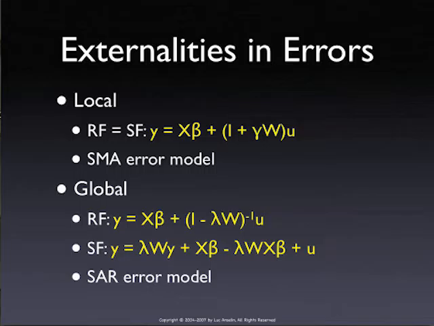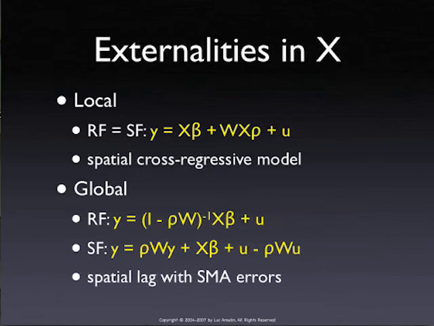Then things get a little less familiar and maybe a little bit surprising. We start with externalities in the covariates that are local. So externalities in the x's that are local, both the reduced and the structural form are the same when it's local. This is when we have our spatially lagged explanatory variable.